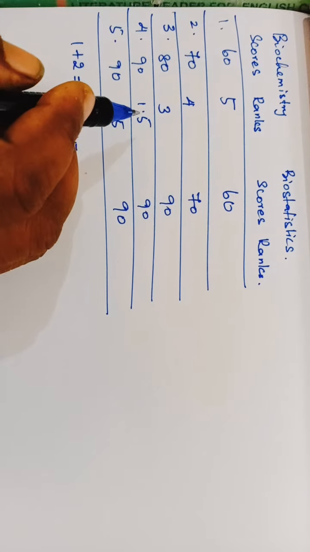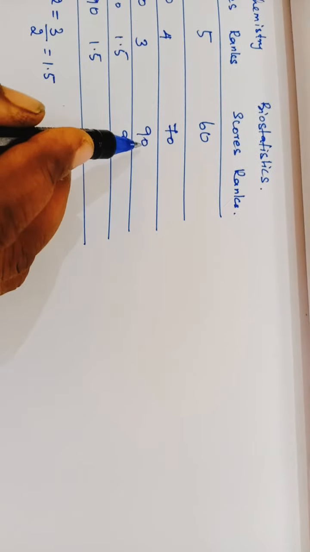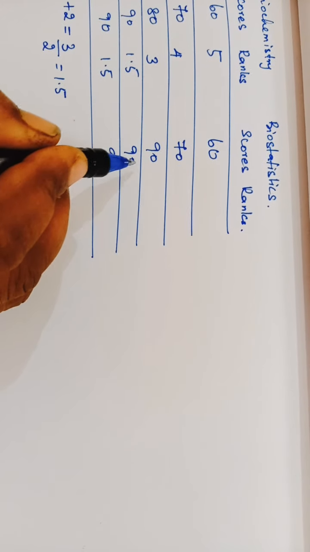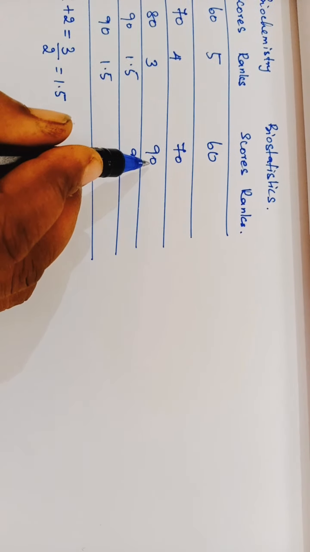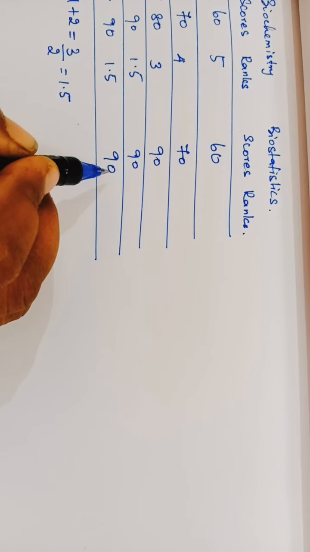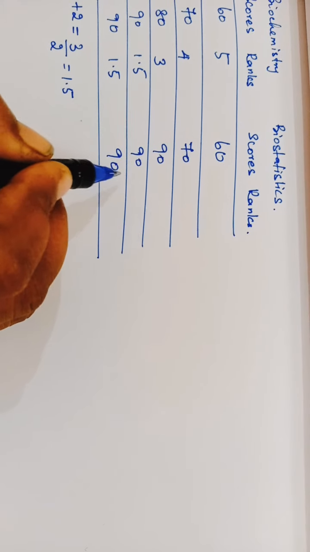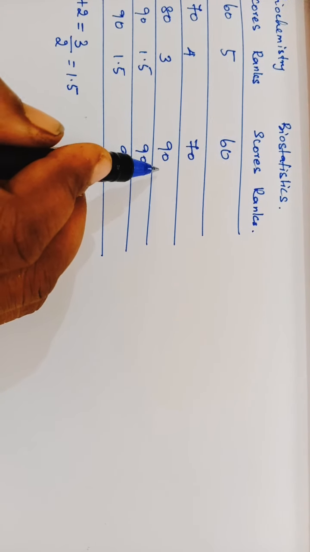Now we continue with the third rank, 3, 4, 5. So this is the method to assign the ranks. Now let us assign ranks for biostatistics. Here 3 students have scored 90, 90, 90, so it is repeated 3 times. Ranks 1, 2, 3: actually we are supposed to give 1 for all these 3, but we are not supposed to give that way.